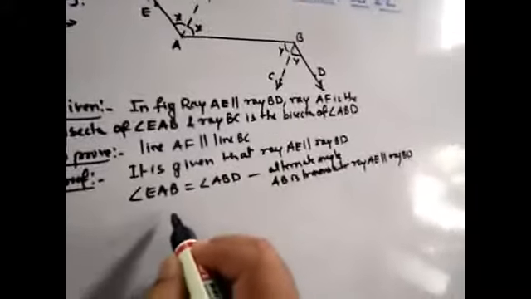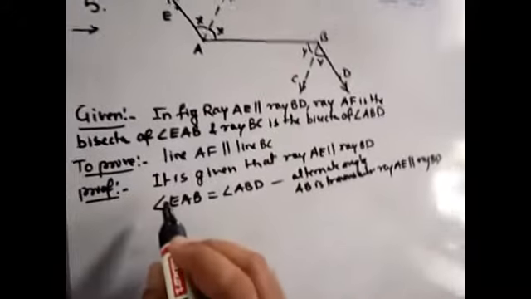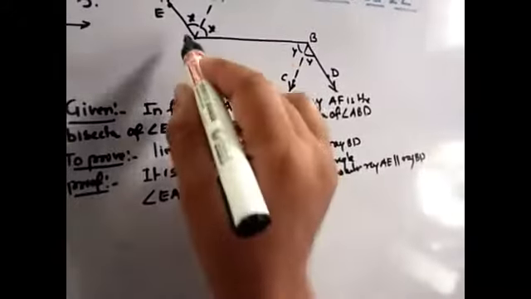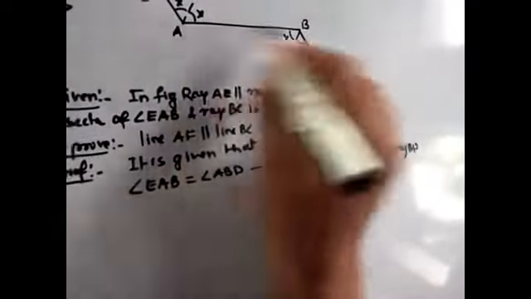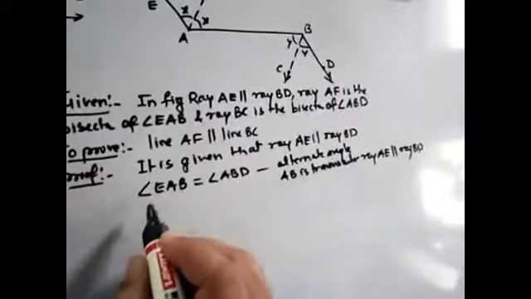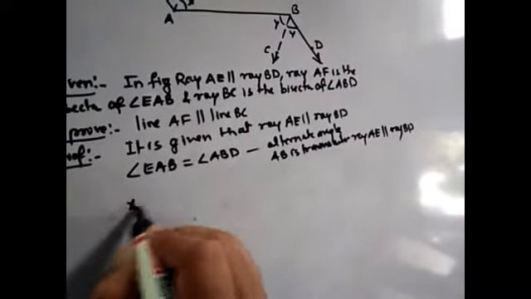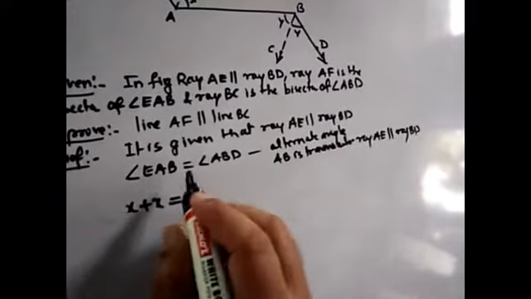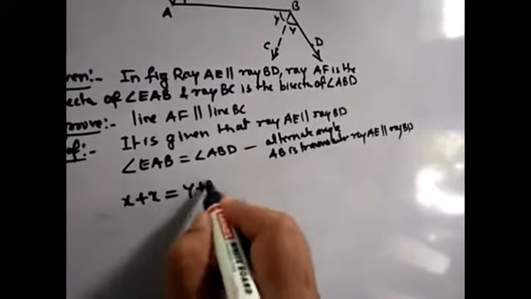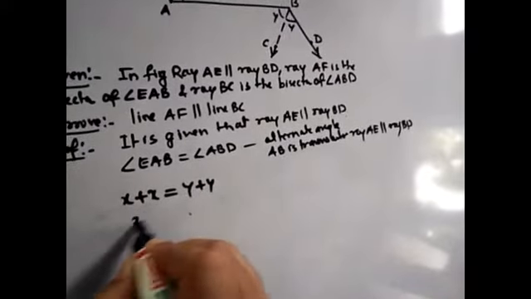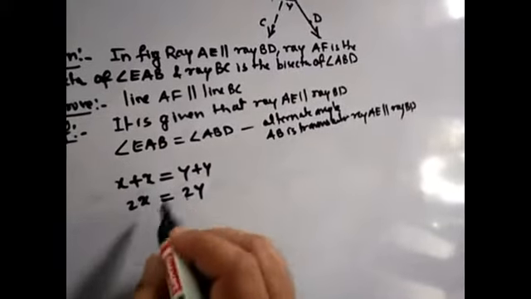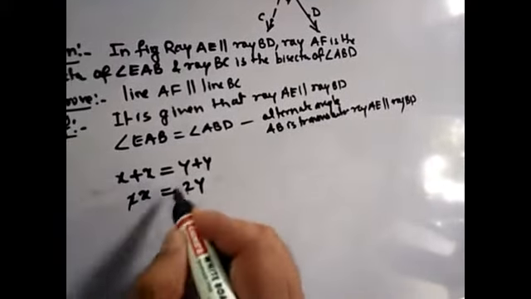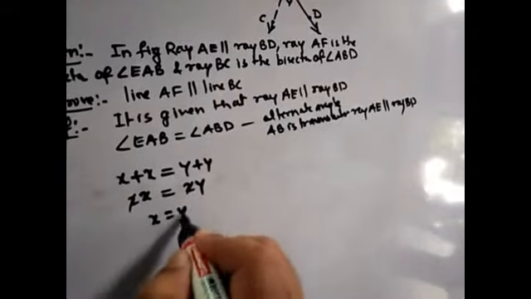Now suppose angle EAB is 2x and angle ABD is 2y. So for EAB write x plus x is equal to y plus y, means 2x is equal to 2y, the 2 gets cancelled, x is equal to y.